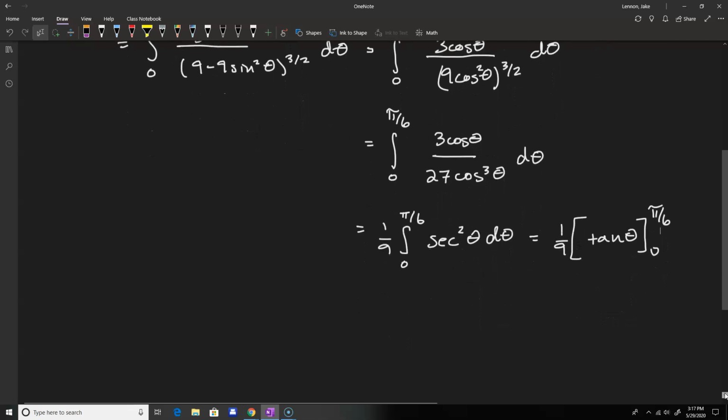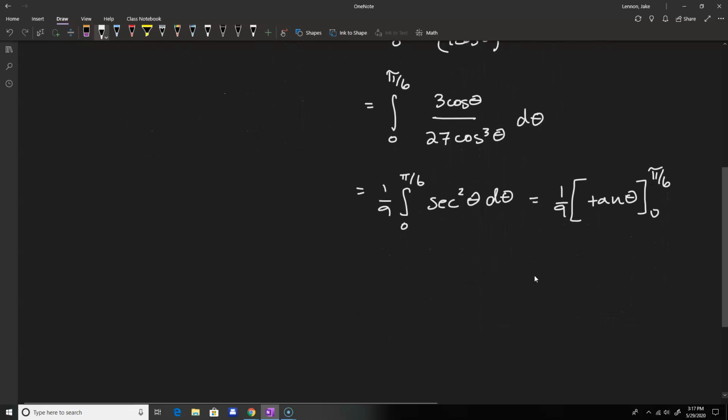Tangent of pi over 6 is going to be radical 3 over 3, and tangent of 0 is going to be 0, so we get 1/9 times the quantity square root of 3 over 3 minus 0, so we get our final answer of square root of 3 over 27.